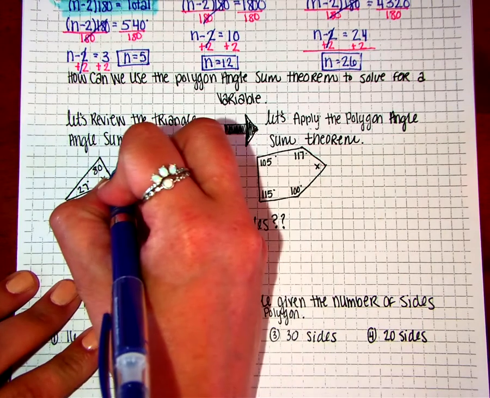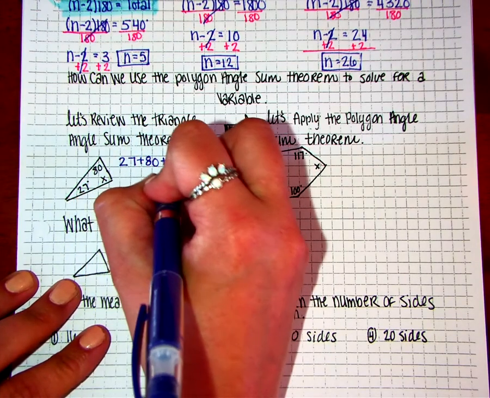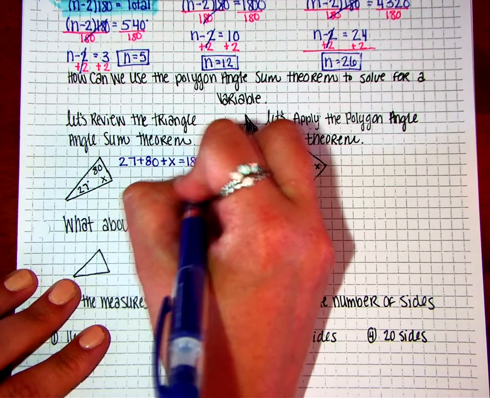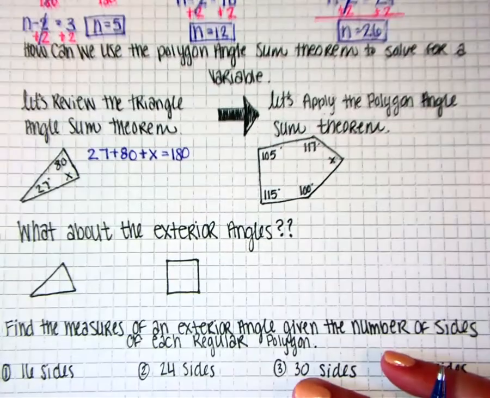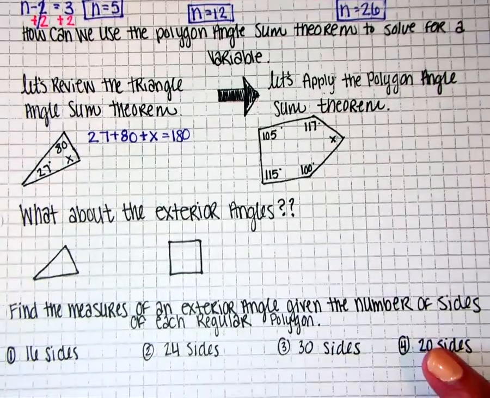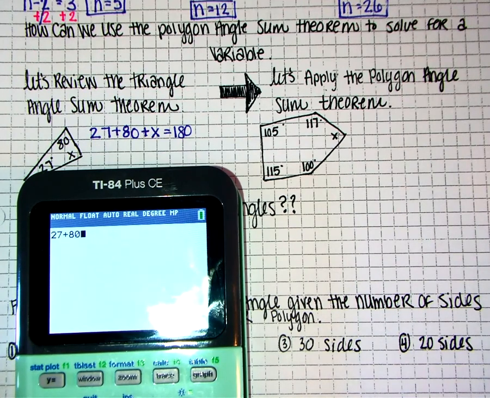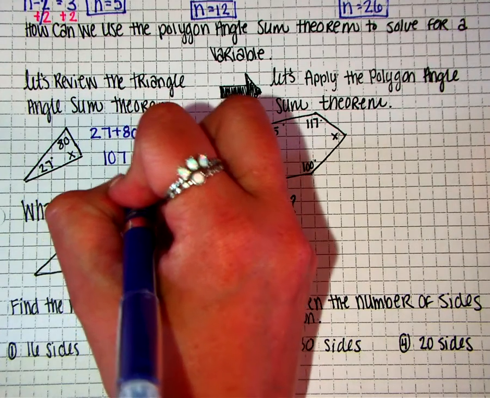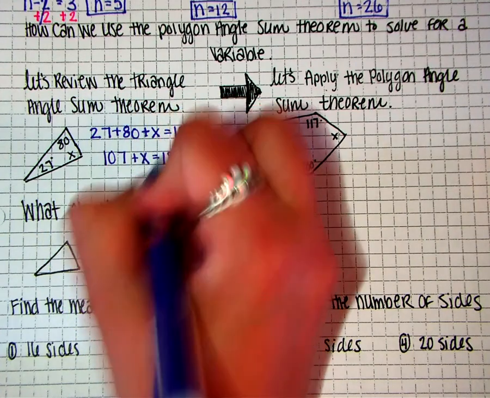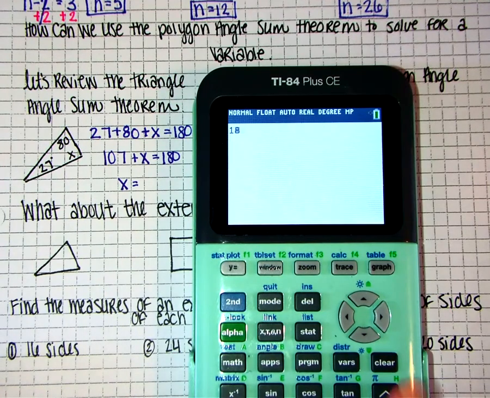So we add everything together, 27 plus 80 plus x equals 180, because any triangle should always add to equal 180. So let's continue to solve. So 27 plus 80 is 107. So 107 plus x equals 180, and when I subtract 180 minus 107, I get 73.